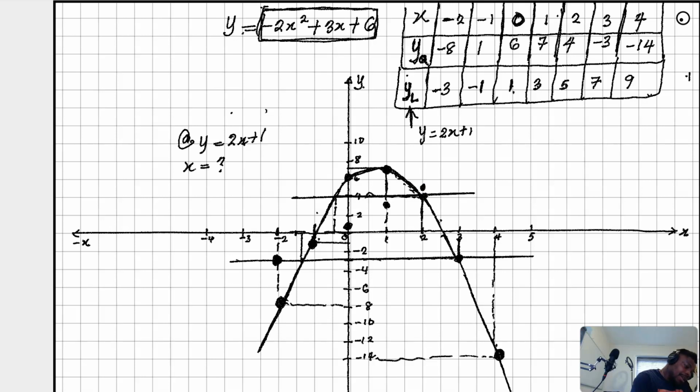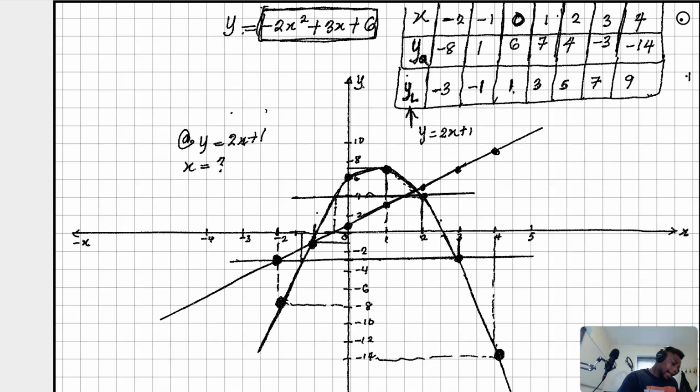Okay? When x is 3, y is 7, which is here. When x is 4, y is 9, which is here. Okay? So, let's join that. You will see it is linear, it is a straight line.